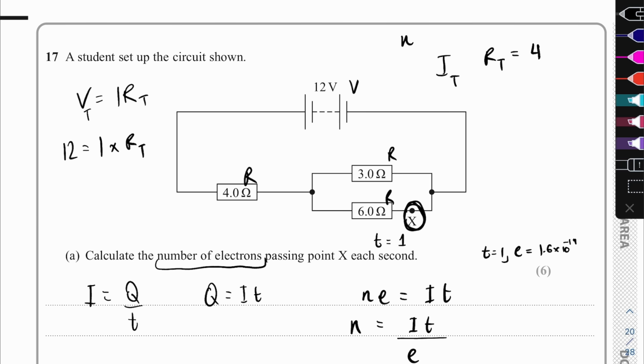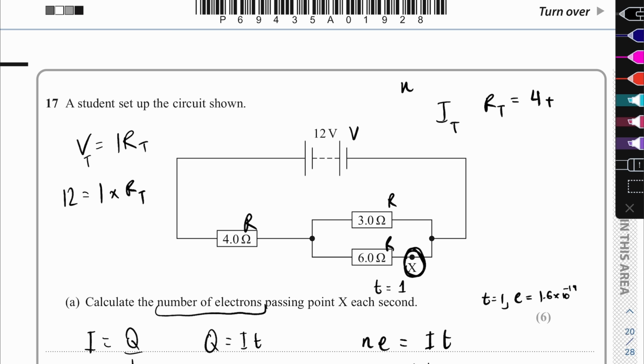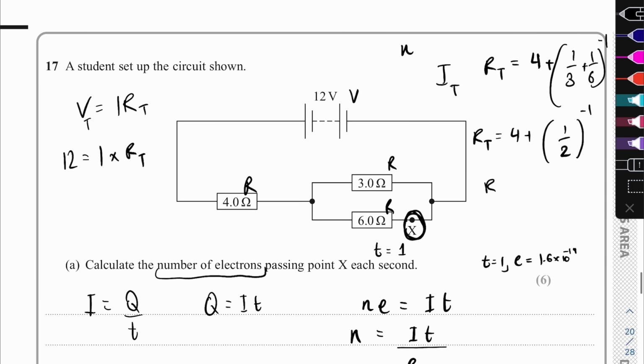It's 4 plus... Now we need to find out the resistance for these two. This is actually the inverse of 1 over 3 plus 1 over 6. So R total is equal to 4 plus, a third plus a sixth is a half, and then it's the inverse of this. The inverse of a half is just 2. So it's 4 plus 2. So R total equals 6.